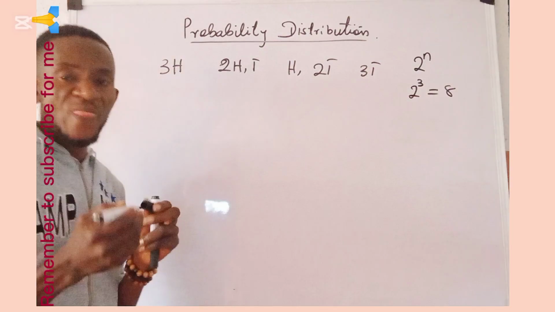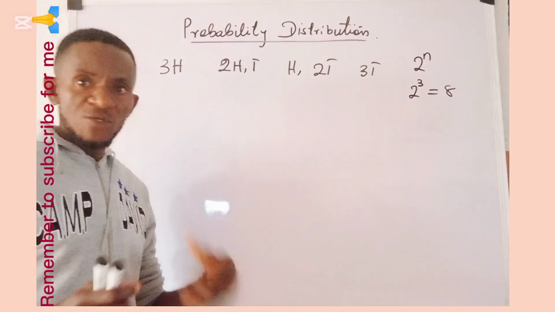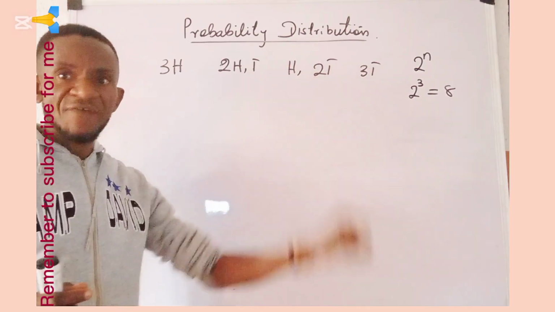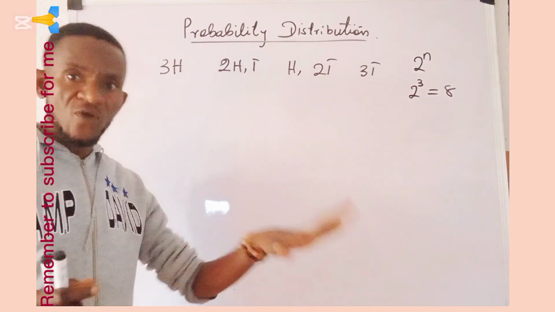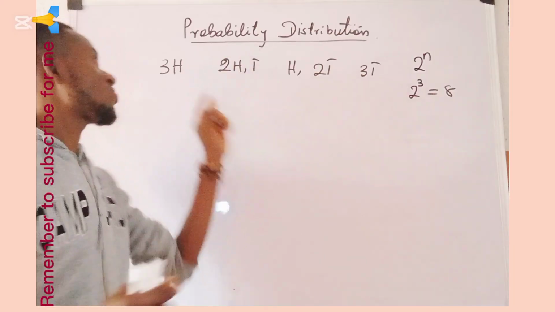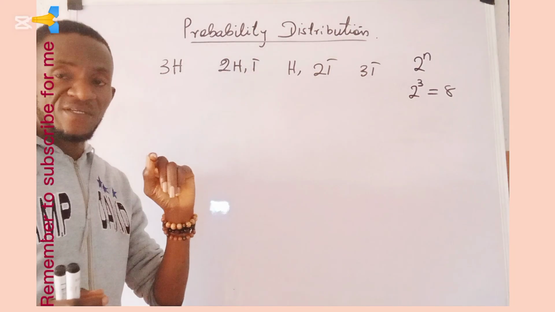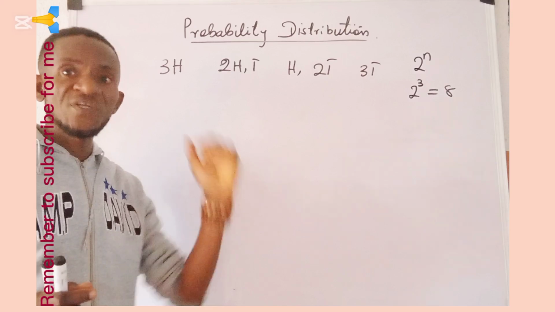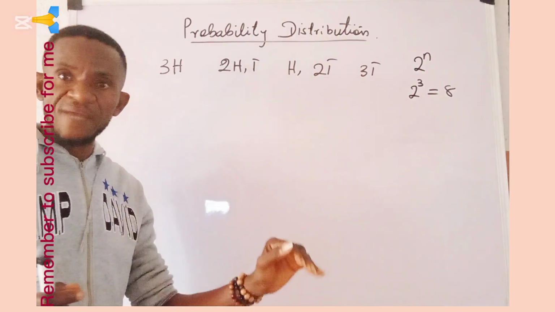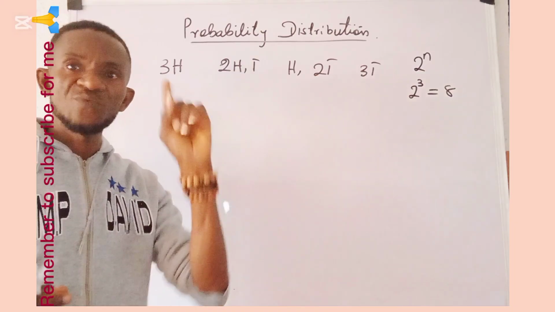I will repeat. It is possible that when you throw the 3 coins up, you are going to have head in all of them. Because you have just thrown 3 coins, it means that you are going to have 3 heads. It's also possible that you have heads in 2 of them, and then the remaining one is going to be a tail.